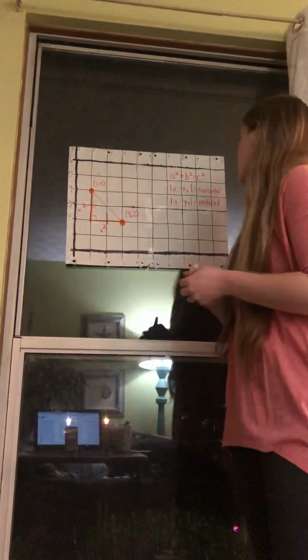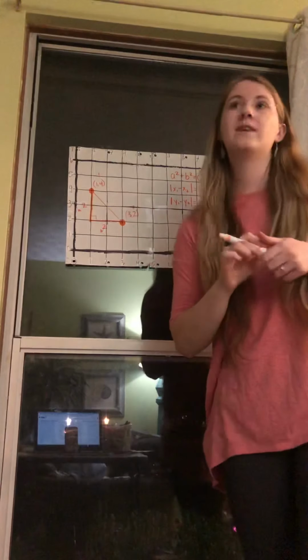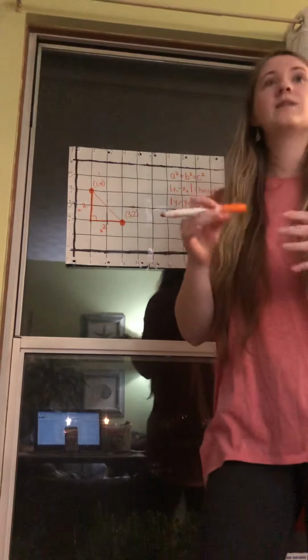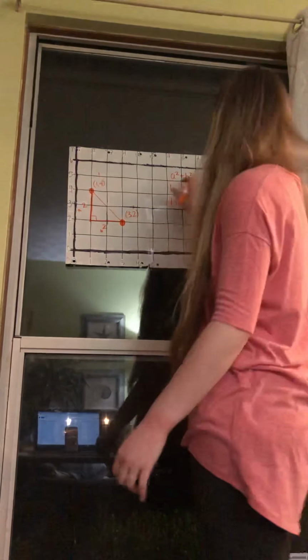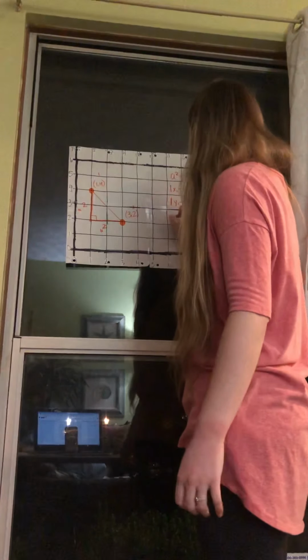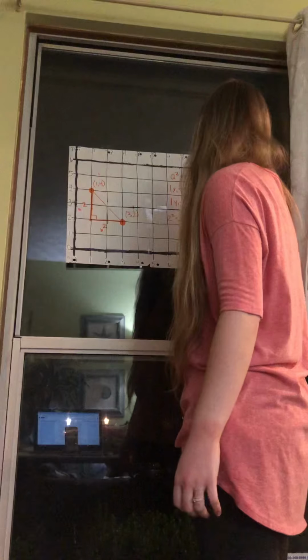Okay, so now I want to solve for the length of this guy right there. All right, so what do we do? Very good, so we start plugging in numbers into the Pythagorean theorem. So we've got 2 squared plus 2 squared equals c squared.